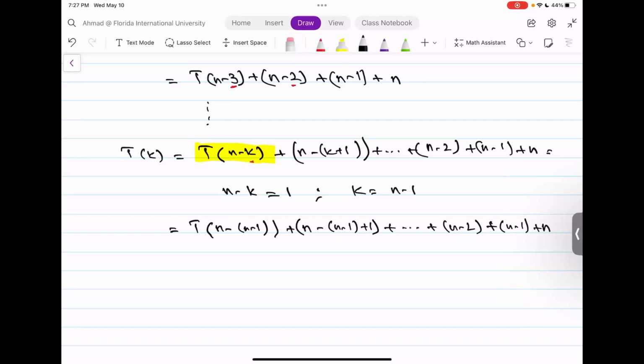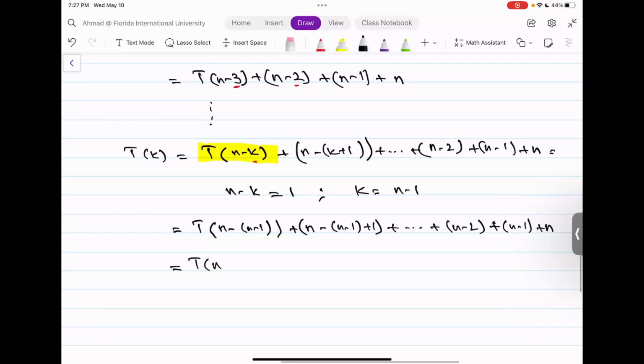Okay, now what's next? I can simplify it now. T of n minus n plus 1. This is going to be n minus n plus 1 plus 1, plus so on, plus n minus 2 plus n minus 1 plus n, right?